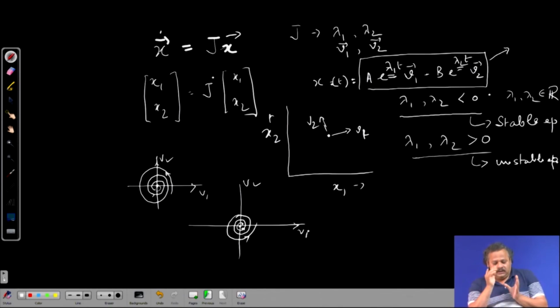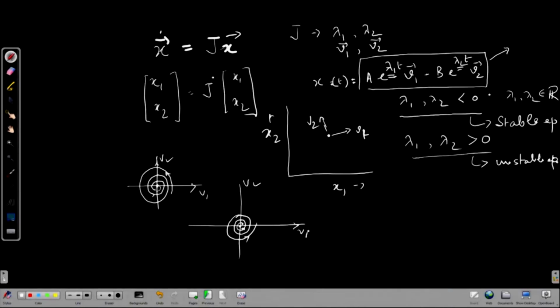So, remember that these are valid only close by, but that is sufficient to predict the behavior of the trajectories that come close by it, and we will see that with this analysis we can conclude a number of things about the system's properties and the phenomena that the system can show.